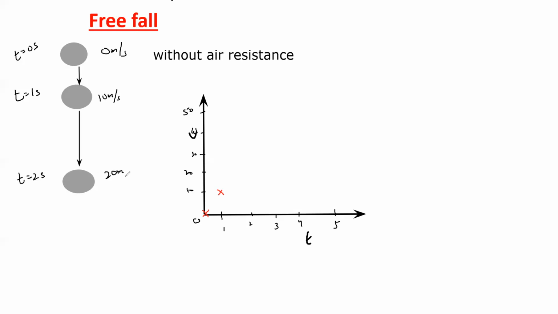So speed will be 20 meter per second. So after 2 seconds, it will be 20. After 3 seconds of the fall, it will be 30.